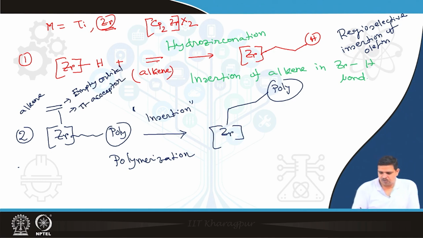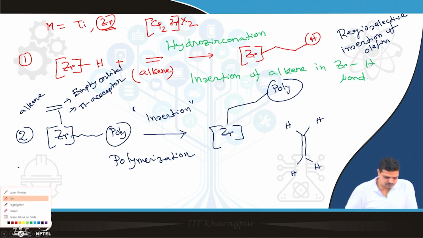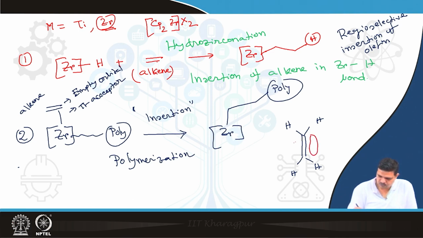So you know that the alkene is like that, and it has pi electrons like this one, which we can call the HOMO.